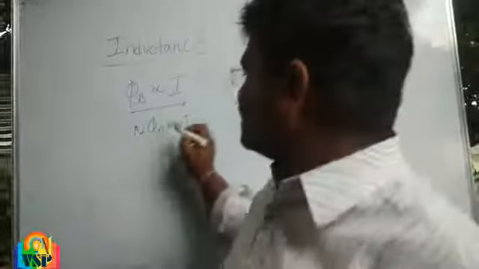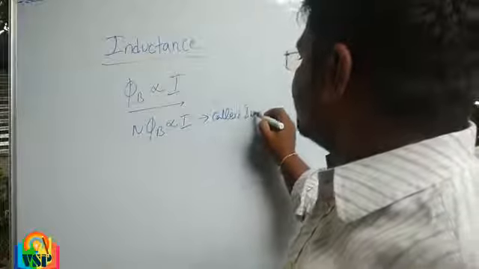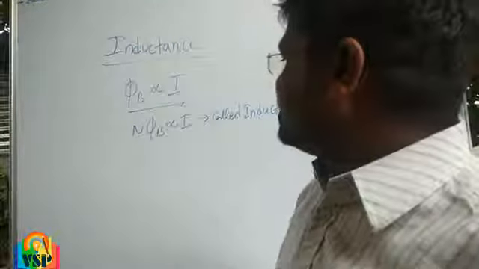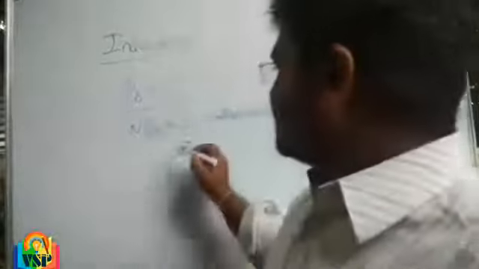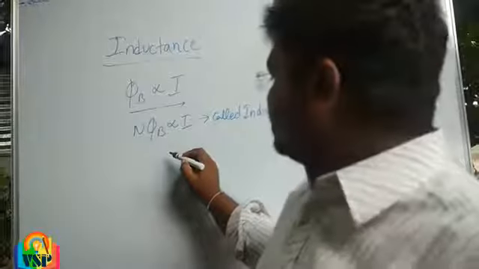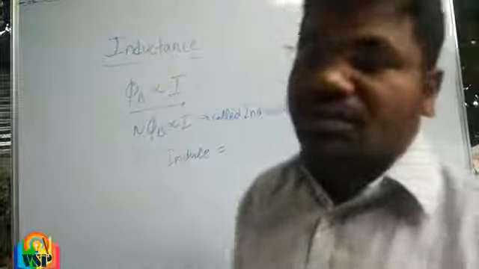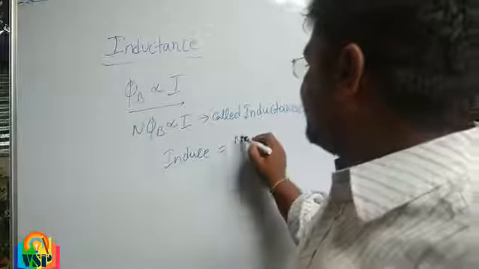This relation is called inductance. Inductance is defined as the ratio of magnetic flux per unit current.